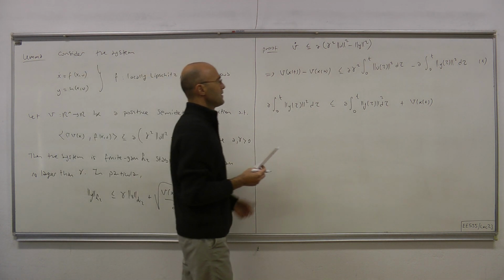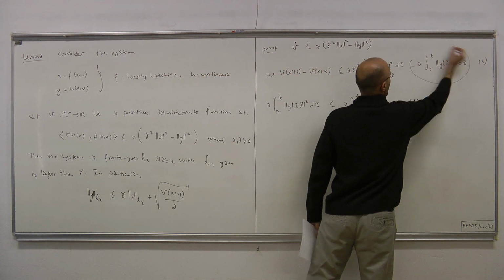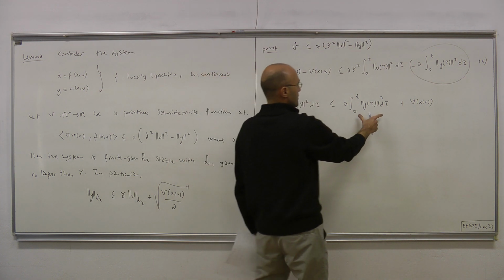Now, if you do that, we realize the following. Take this term and throw it to the other side, and what we have is V of x of t plus this.